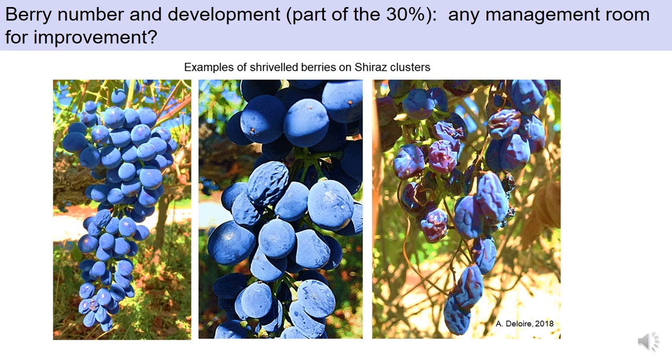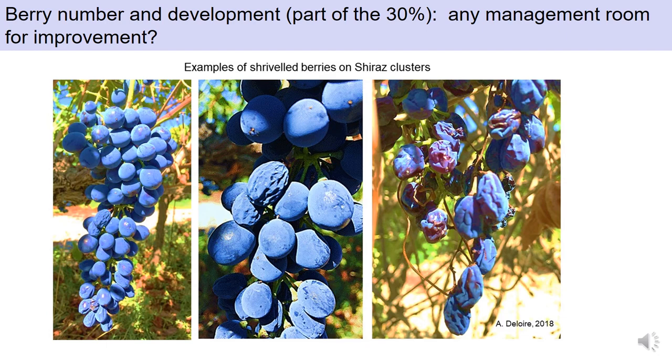And then this is where and when the fruit starts to lose water. And the ultimate stage of water loss is berry shriveling. And this is, of course, very important in terms of yield.